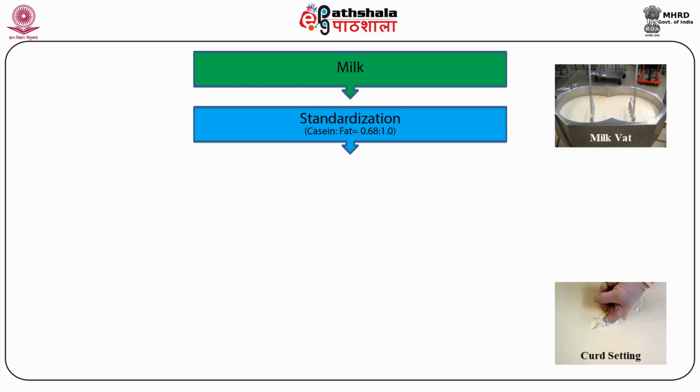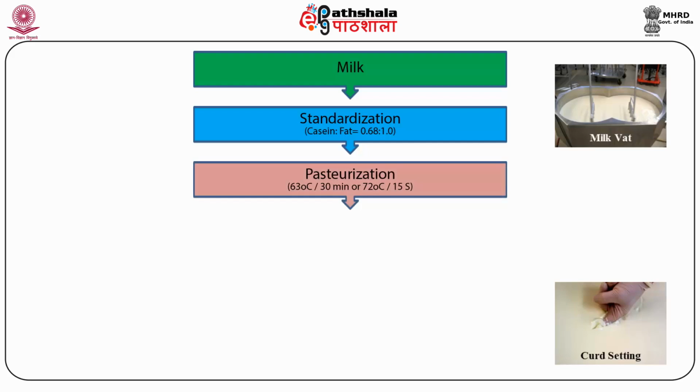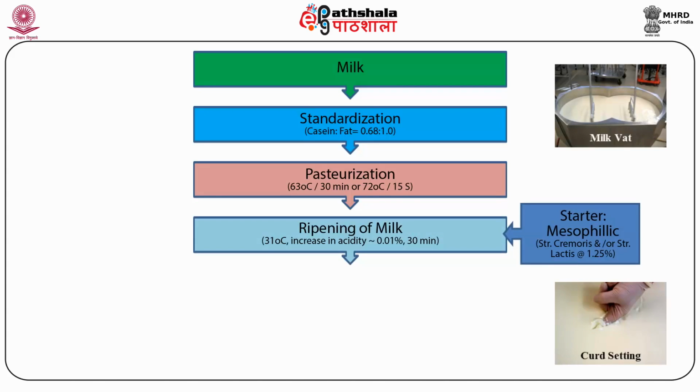After standardization, the milk is pasteurized so as to nullify the effect of pathogens. The milk is ripened, that is, it is kept for some time, nearly 30 minutes, to increase its acidity.